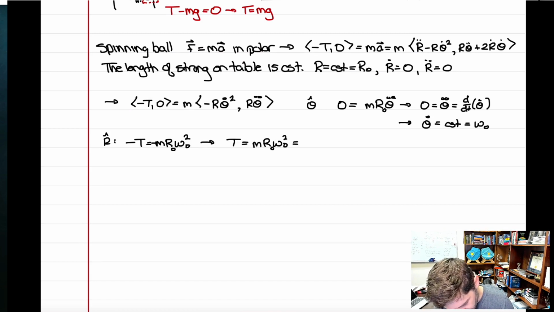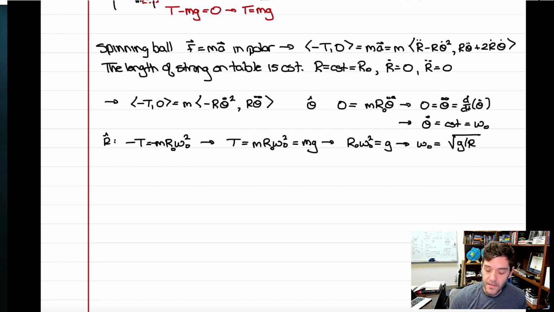But T was just equal to mg. The g's cancel, so it looks like r omega naught squared equals g, or that the angular velocity that we need is going to be the square root of g over r. If I get it spinning with that angular velocity, the hanging bob will neither rise nor fall.